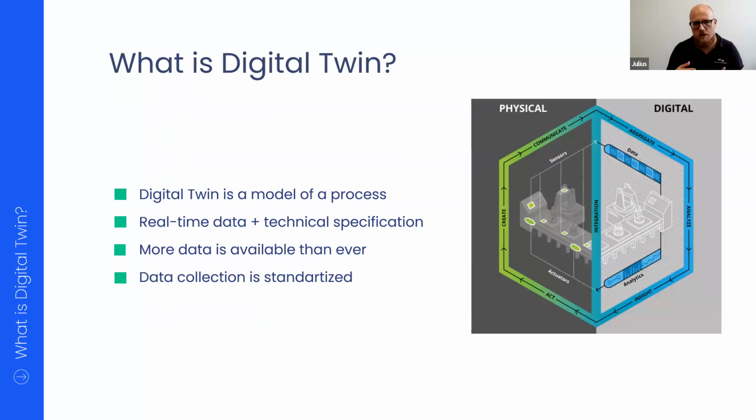So what is a digital twin? Simply, it's a model of a physical process. In our case, it's the process of biomass burning. You have real-time data, for example the temperatures in the furnace, steam flow, fan frequency converter data, in other words, everything that you can see in the control system.